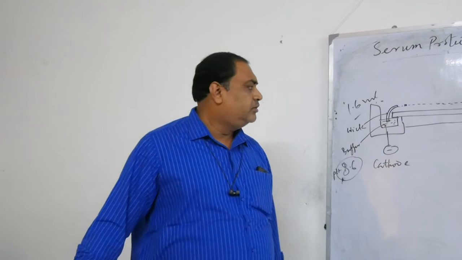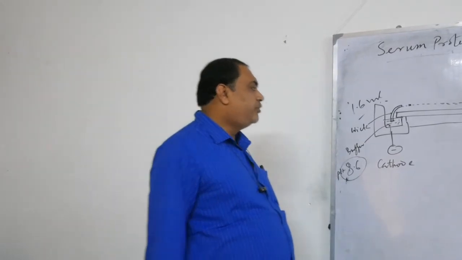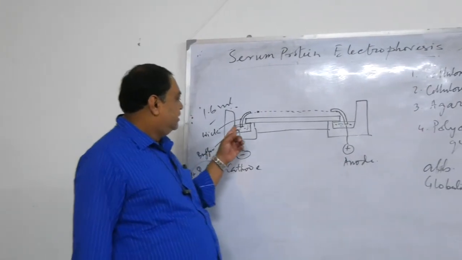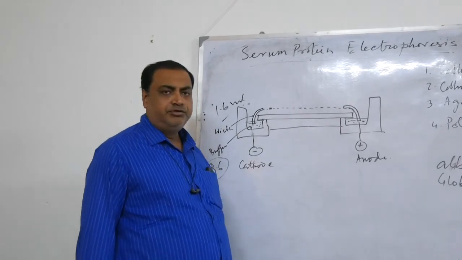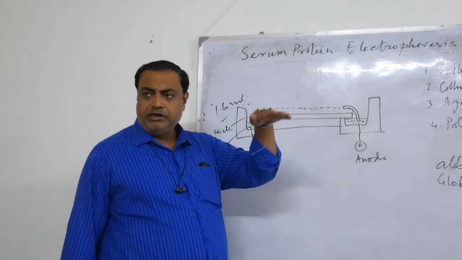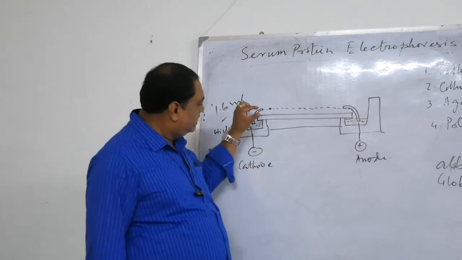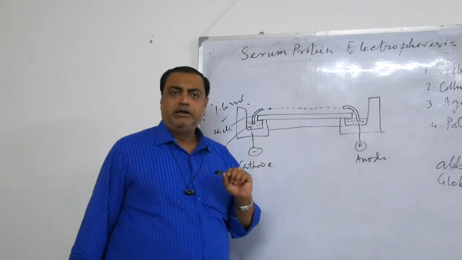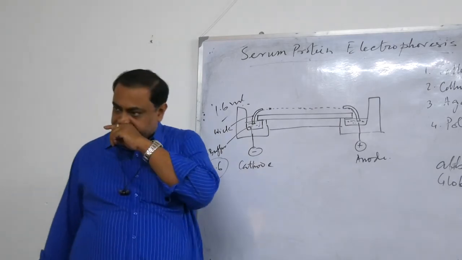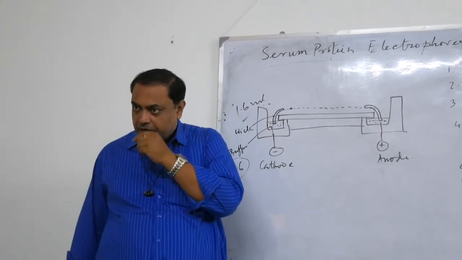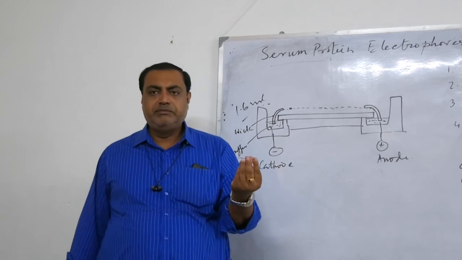Correct? Now, it is important that the levels of the buffer should be at equal height, and the thickness of the gel should be uniform. How to do that? We use spirit levels.